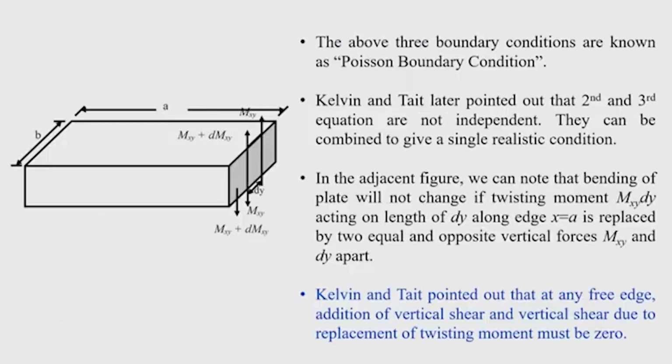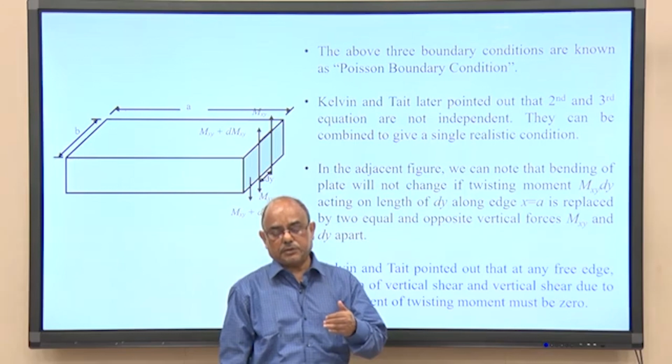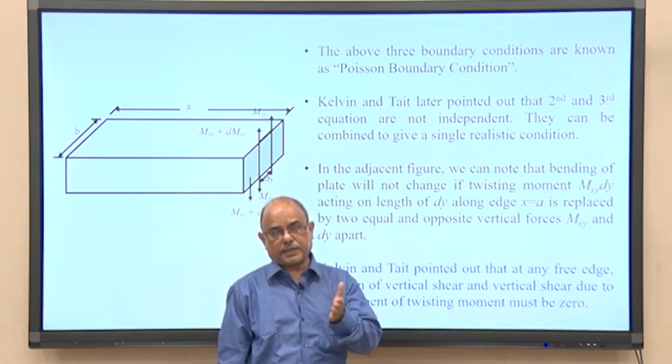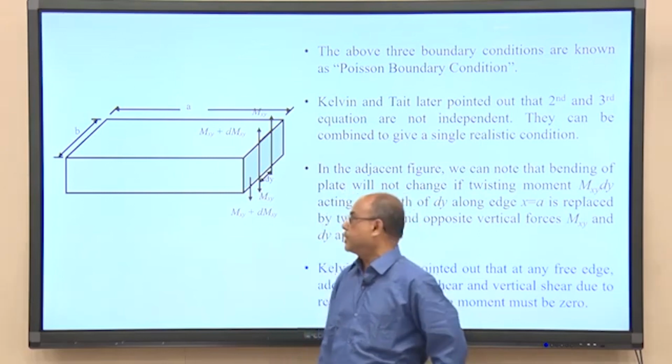So, Kelvin and Tate pointed out that the second and third equations that I have shown you, for the twisting moment and shear force being 0, can be combined, because they are not independent, and if you combine them you will get a realistic boundary condition. Now, let us see how we can combine it.